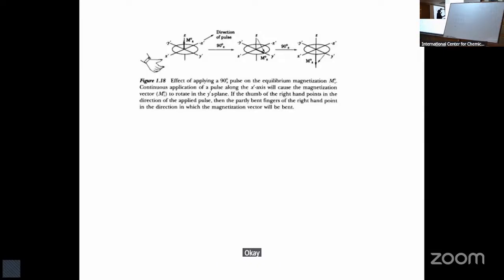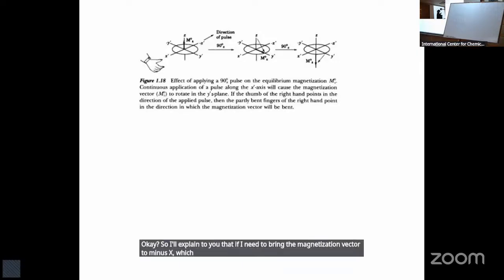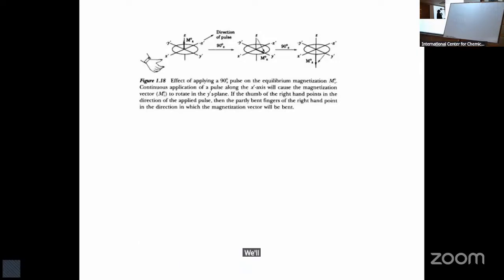I will explain that if I need to bring the magnetization vector to minus X, which pulse I can use. We'll also learn that. But for now, we have started from the first pulse, the 90-degree X pulse, and your magnetization vector was at Z, so it will bring the magnetization vector to Y.